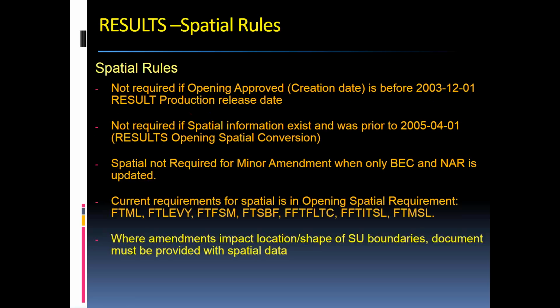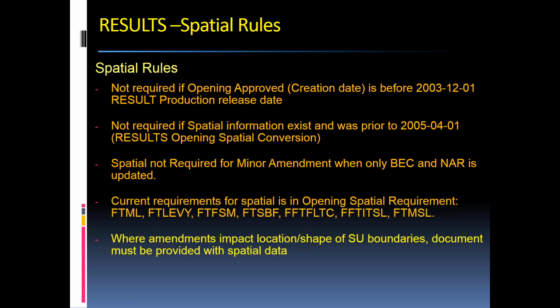And that's really because when results came into existence, for all the openings that existed at that point in time, and we're talking about like 186,000 records that existed for results, there was no spatial, so there was just no coverage for those records. So anything new coming in would have spatial coverage, but all the old stuff, there was nothing.